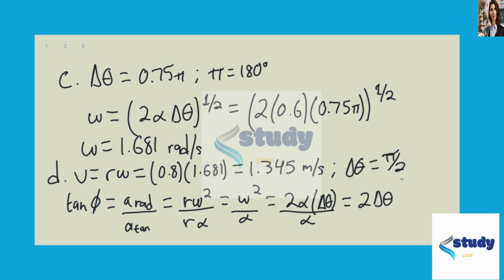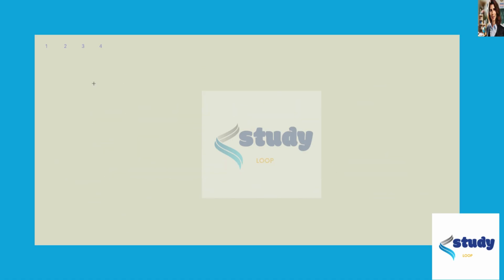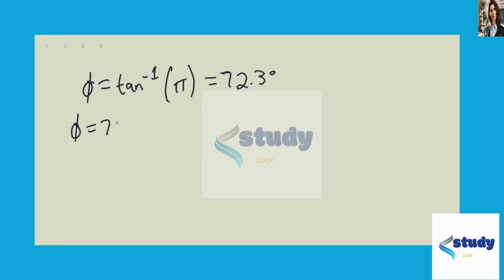And then at this point, we can say that our tan of phi rather, is going to be pi. And phi then equals arctan of pi, which is 72.3 degrees.